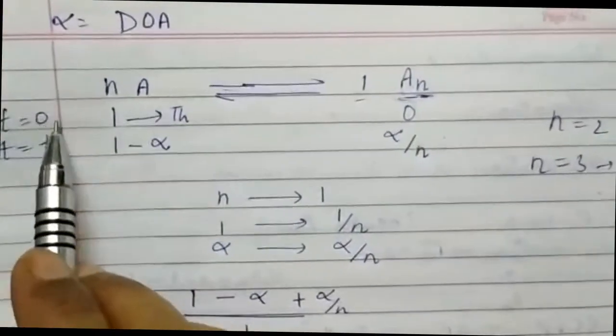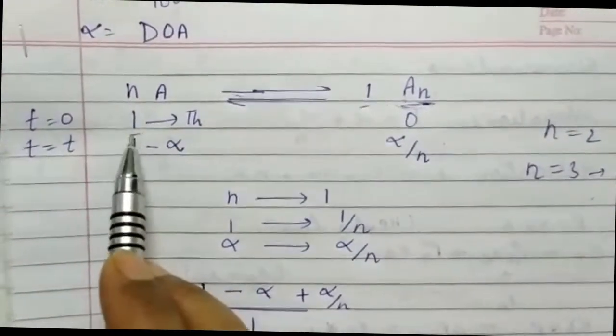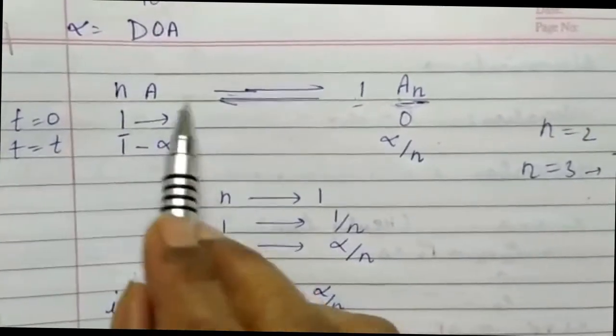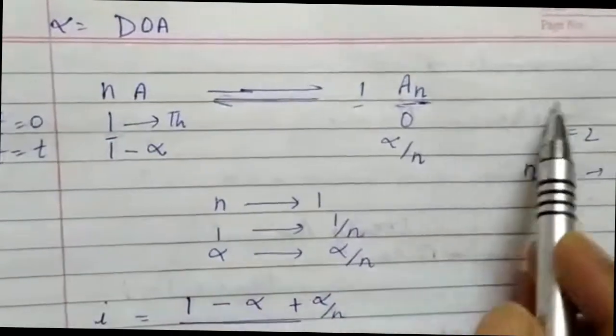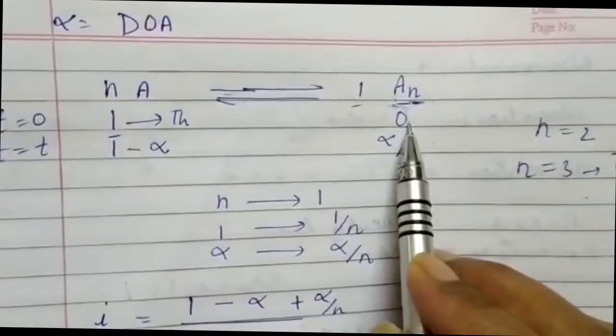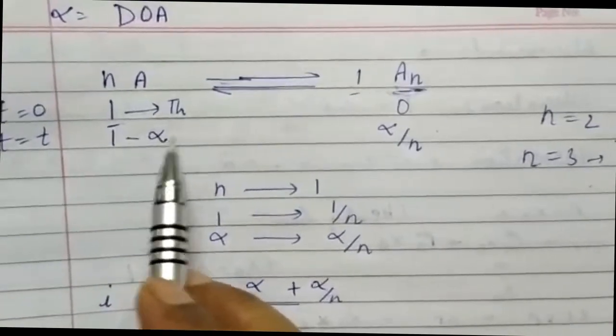Now at time 0, t equals 0, how many moles of A are we taking? 1. Theoretical number of particles is 1. And at time 0, An will not form, so the value will be 0. At time t, how many particles are undergoing association?